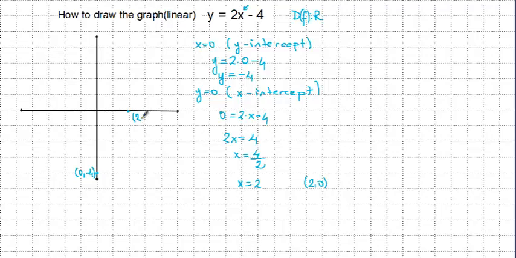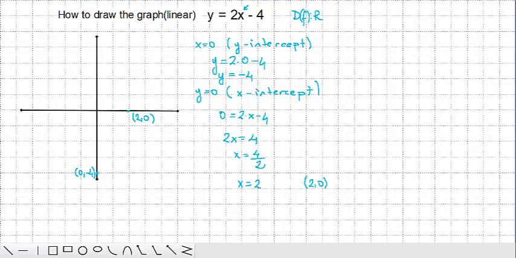If I draw the graph, it's going to be a line. First, we know that because this is a linear function. That's why a line passes through these points. Okay, then I'm drawing a line passing through these points.